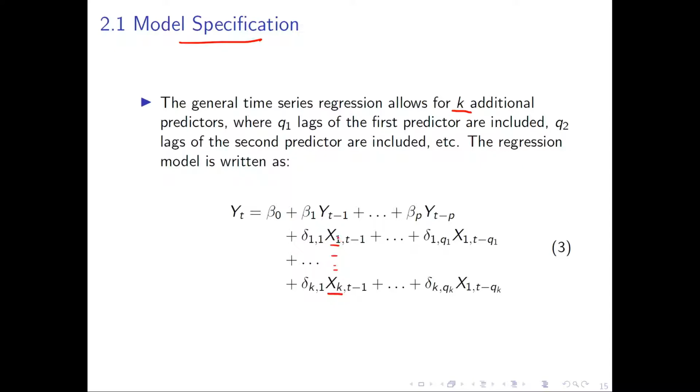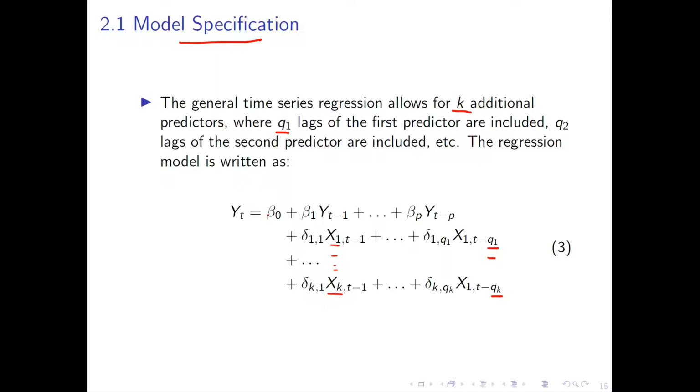So we have k different predictor variables, and we have q1 lags of the first predictor, q2 lags of the second predictor, and qk lags of the kth variable.